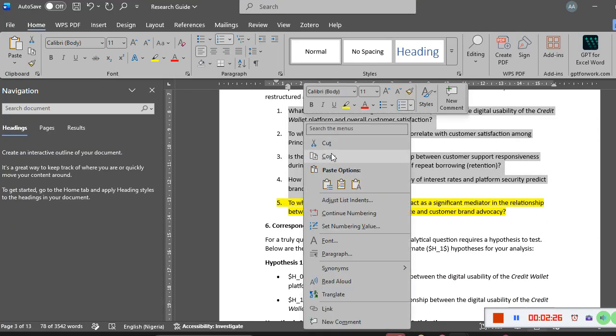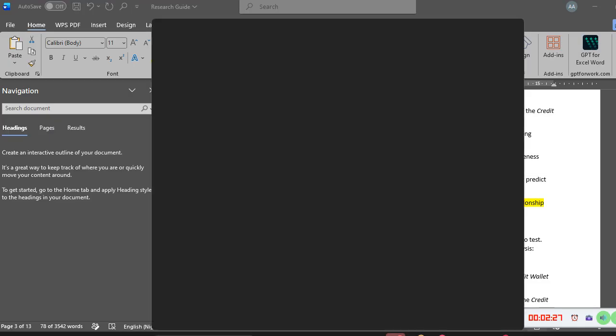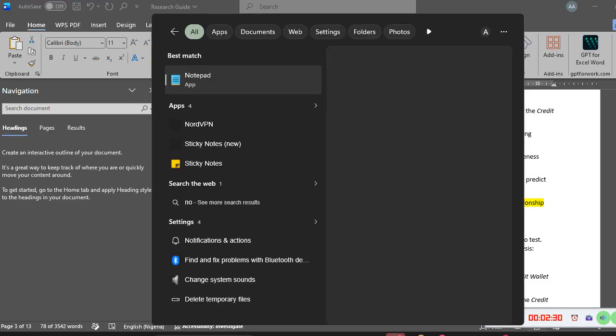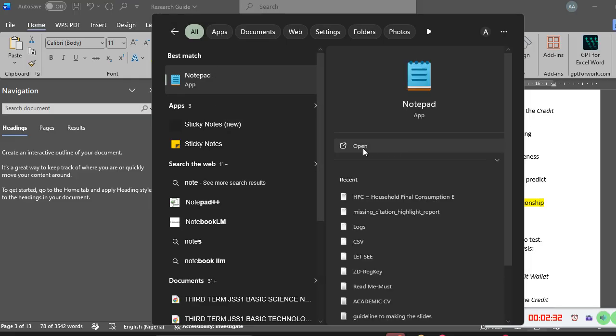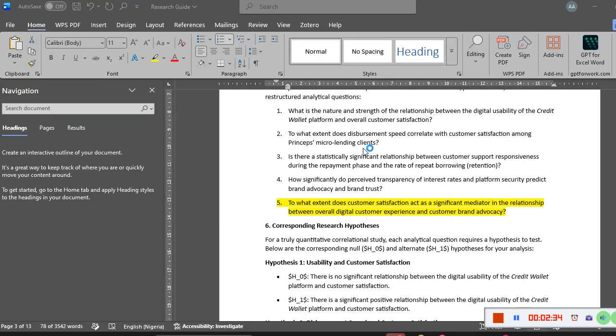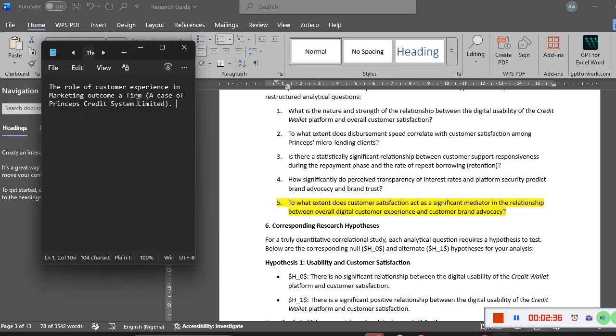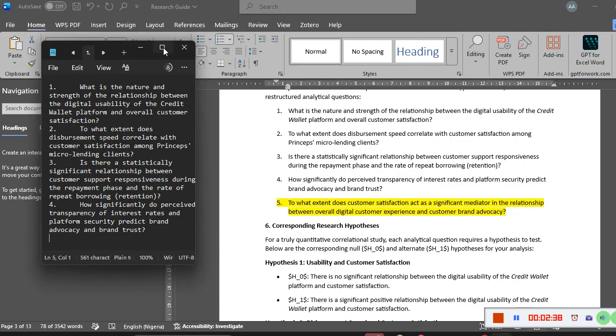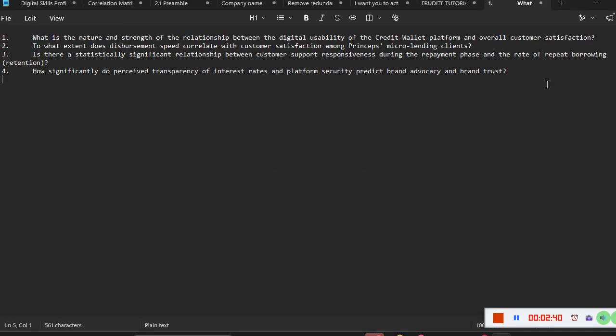And this is the research question. So now I want to bring up my notepad and say, okay, I want to redraft this.